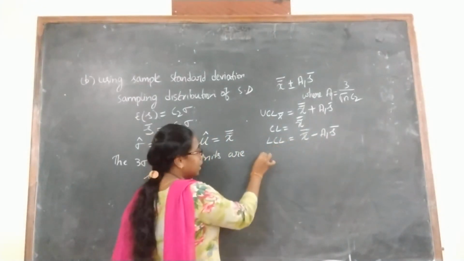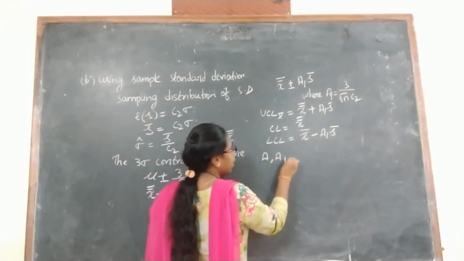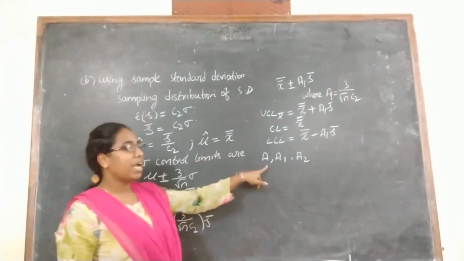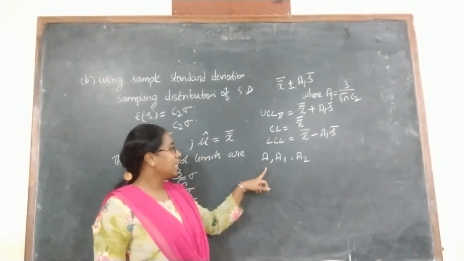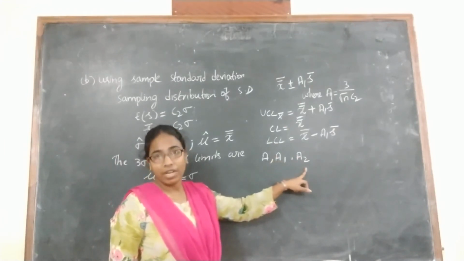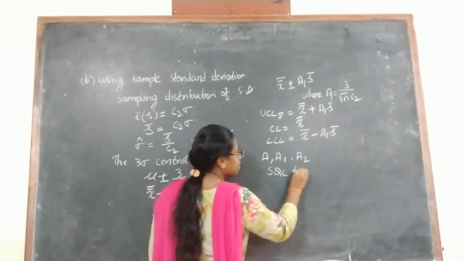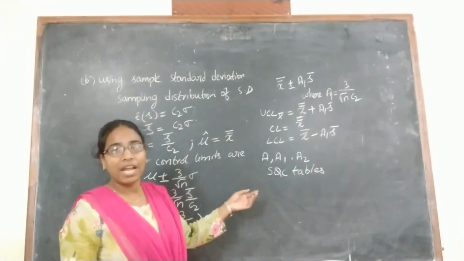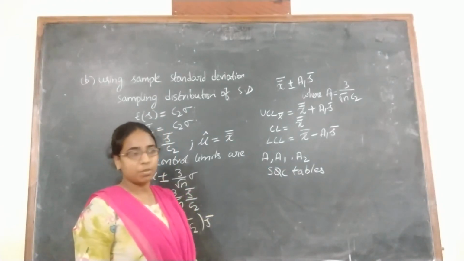So till now, in the construction of the mean chart, we have assumed the values of A, A1 and A2. These A, A1 and A2 values can be obtained from SQC tables. In previous semesters also we had some table values, right? For chi-square, T distribution, F distribution.